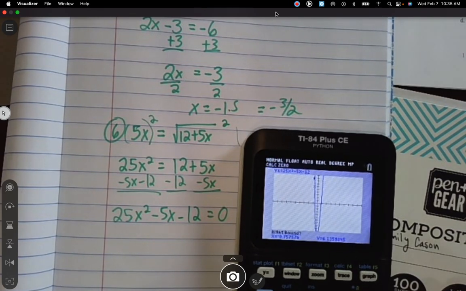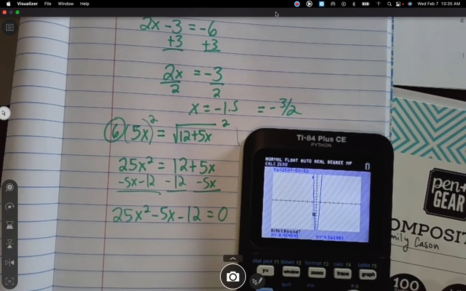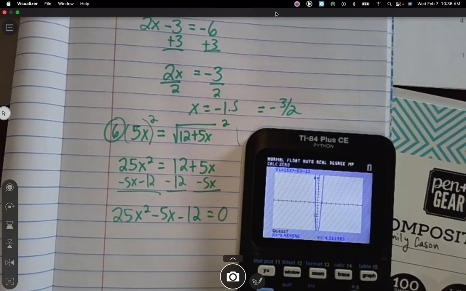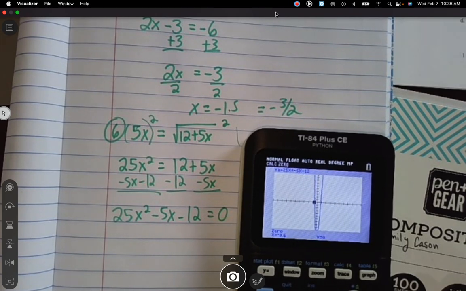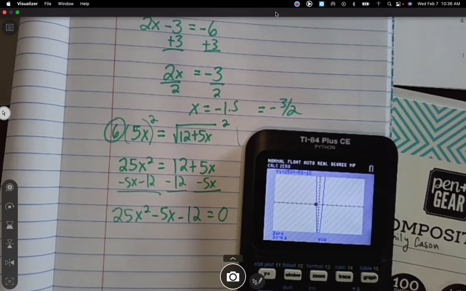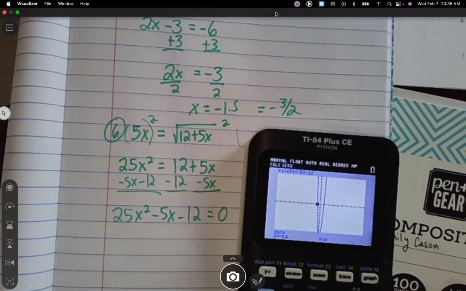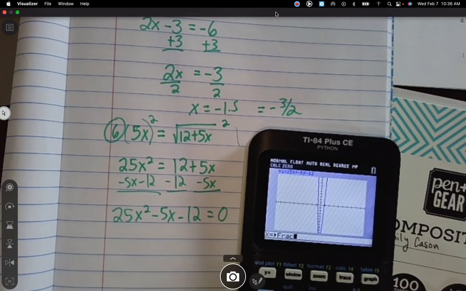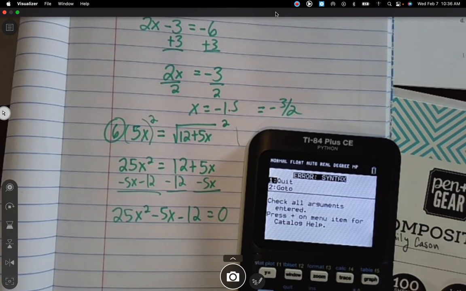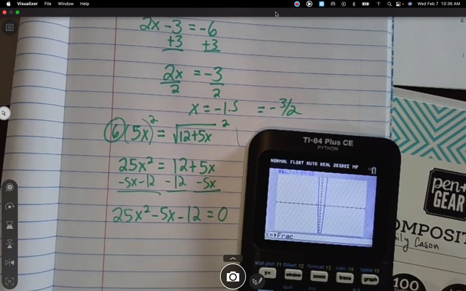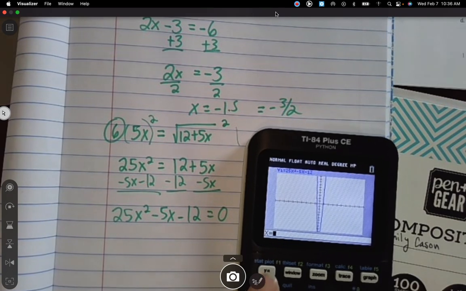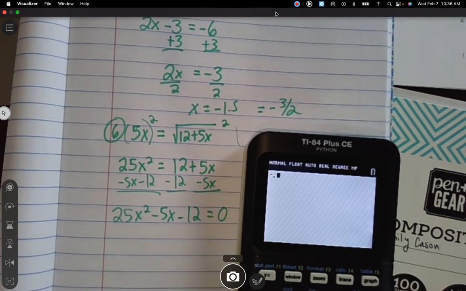So I go to the left one, enter, to the right, enter, and back to it. Now it gives me negative 0.6. I wonder if I can do math enter, enter. No, I cannot. Okay. So it was negative 0.6. Let's just do this. Negative 0.6. Math enter, enter. What is that?